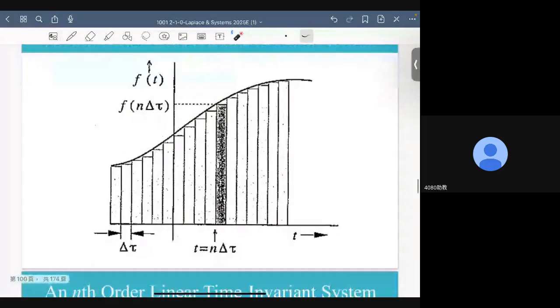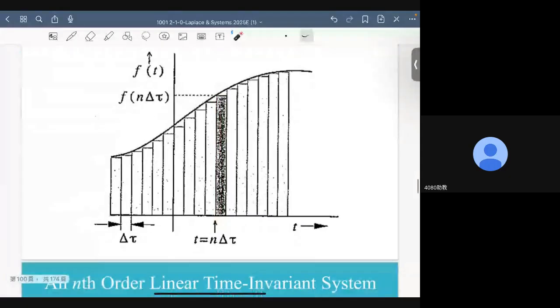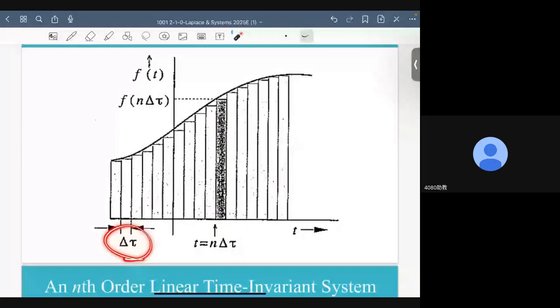This is one of such rectangles. The width of this rectangle is what we call the sampling period, delta tau, and the height is precisely the value of the function.